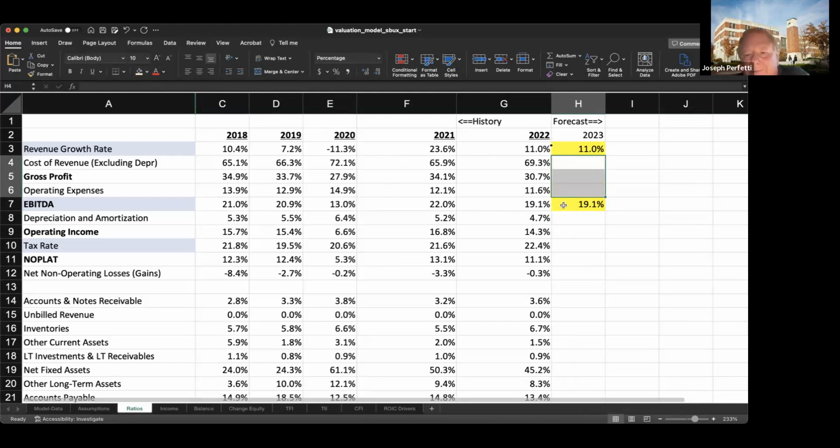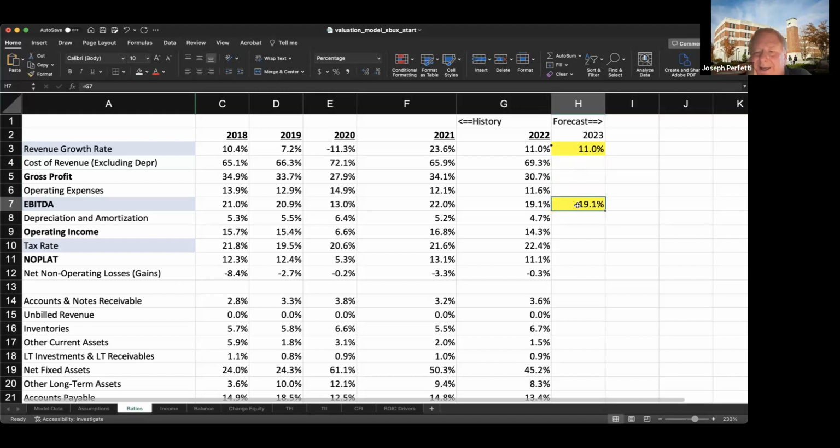So we're going to forecast revenue growth rate, and then we're going to forecast EBITDA directly. Now, again, EBITDA is based on the cost of goods sold and the SG&A, the operating expenses. But for simplicity, we're just going to directly forecast that. So that's one of the shortcuts we're going to take as we build our model.